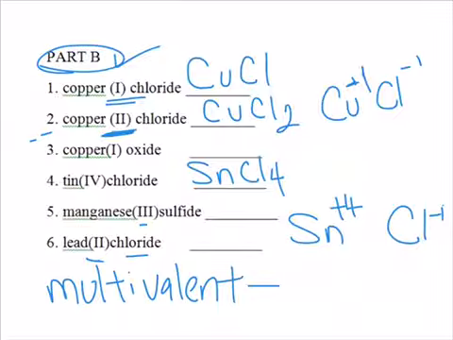We have copper here. The positive 2. What does phosphide come from? Phosphorus. Look at the periodic table. What is the charge of phosphorus when it becomes an ion?